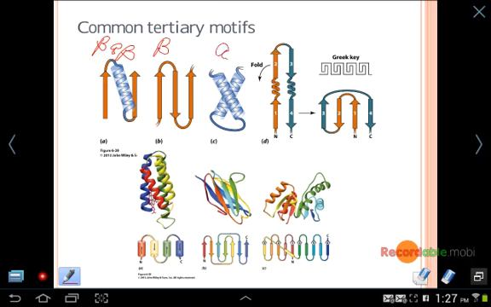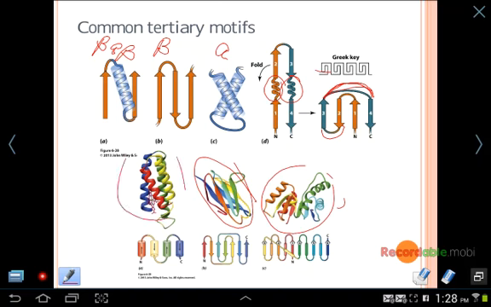We can get folds using those beta or reverse turns, and utilizing some of these turns, we can get turns as well as coils. We can get things like a Greek key. We can also have beta barrels. And then just various mixtures of helices coming together with either tight turns or more coil connections.